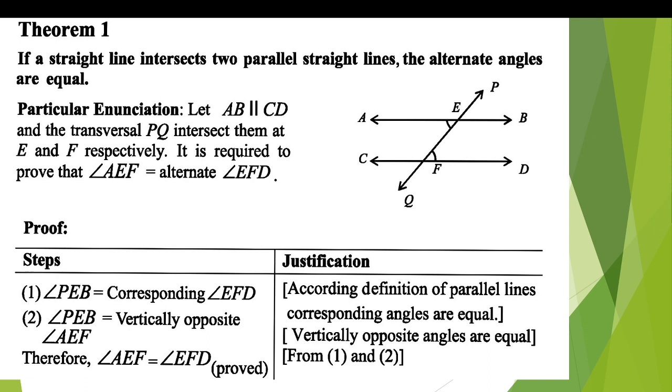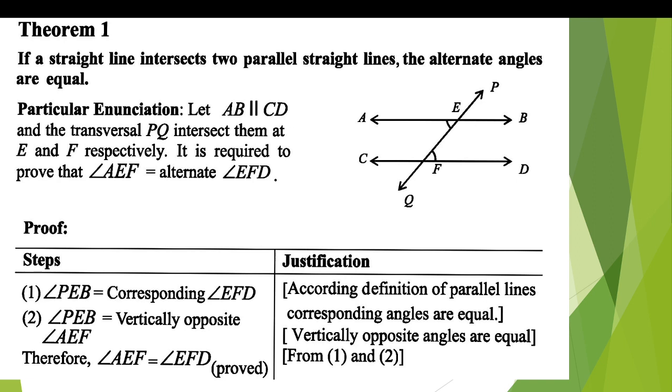Step 2: angle PEB equals vertically opposite angle AEF. Therefore, from steps 1 and 2, we get angle AEF equals angle EFD, and that is our required proof.